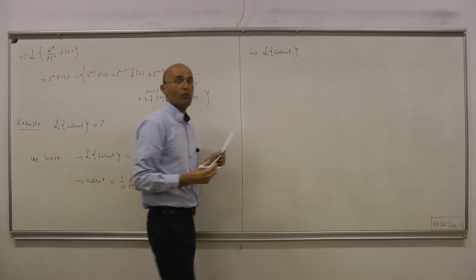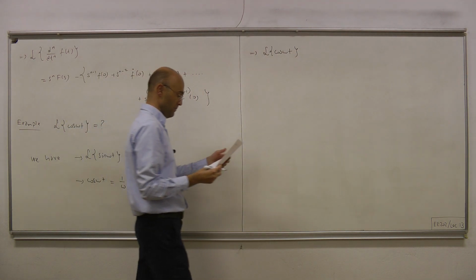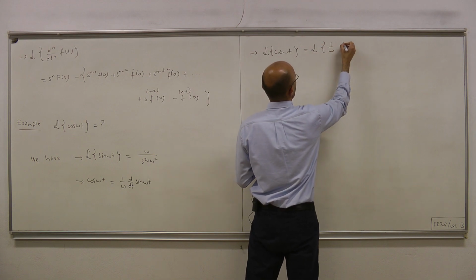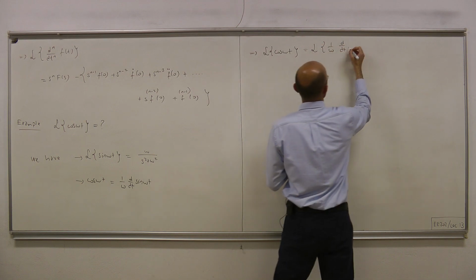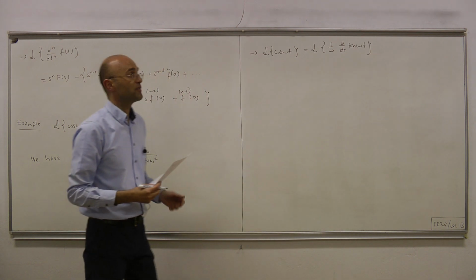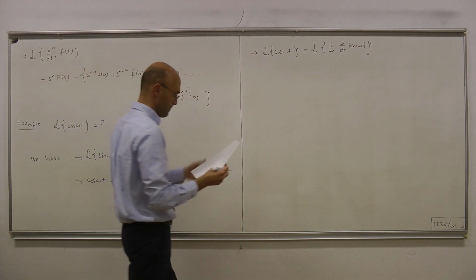Laplace transform of cosine omega t equals Laplace transform of 1 over omega d over dt sine omega t.